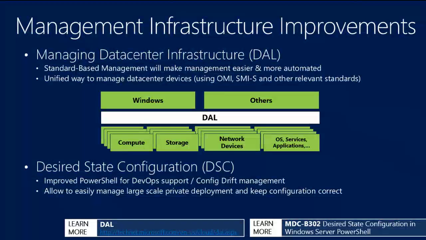You describe in a descriptive language what configuration you want to have on a given server, and then DSC will enforce that and will, for example, install missing packages, reconfigure things that drift away of configuration. If you went in and changed some configuration and forgot it that way, DSC will bring it back to the expected state. A really good technology. There is a session about that you can go and learn more about if you're interested.